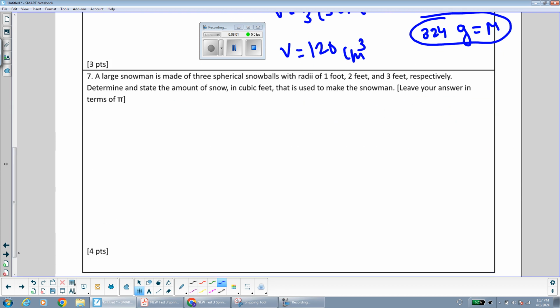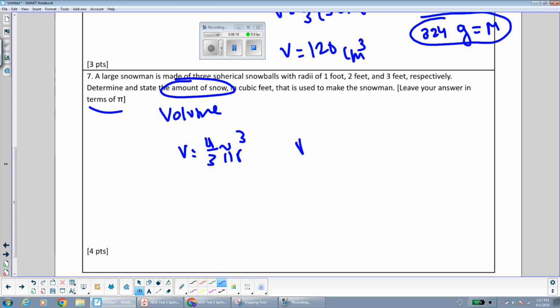In number 7, we have a snowman made of 3 spherical snowballs, and we need the amount of snow, which is the volume, in terms of pi. That means a pi in our answer. So I'm going to need 3 volumes here for each of the spheres. Let me actually plug in. So for the first snowball, the radius is 1.